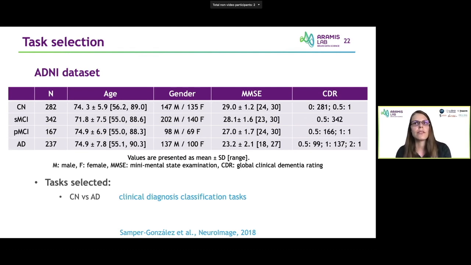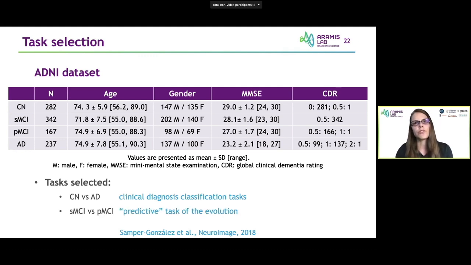We label as stable MCI, so sMCI, subjects who were diagnosed as MCI at baseline, were followed during a certain time, here at least 36 months, and who did not progress to Alzheimer's disease during this period. Similarly, we label as progressive MCI subjects who were diagnosed as MCI at baseline, were followed during 36 months and progressed to AD.